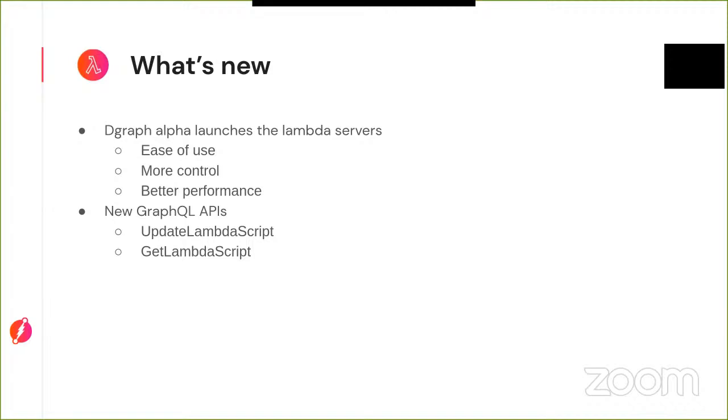With the new changes, the Dgraph Alpha launches the Lambda servers itself based on the commands. You can specify that you want to launch 4 Lambda workers, along with other parameters. So that becomes really easy, and that leads to better performance as well.